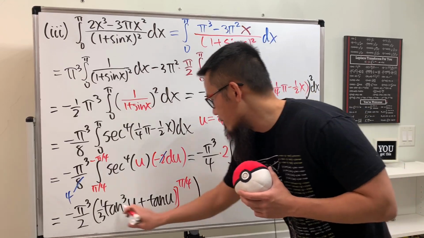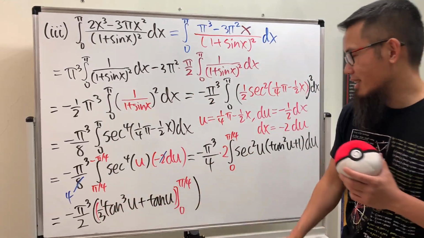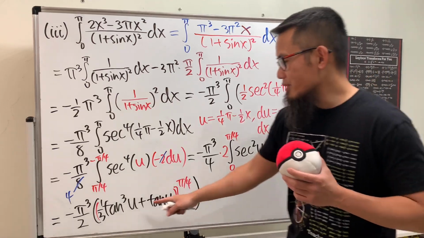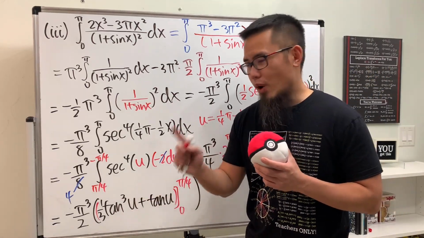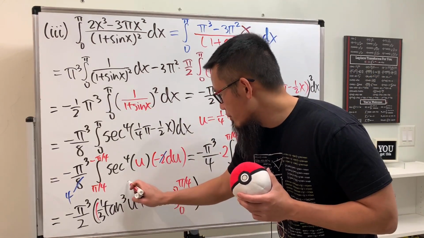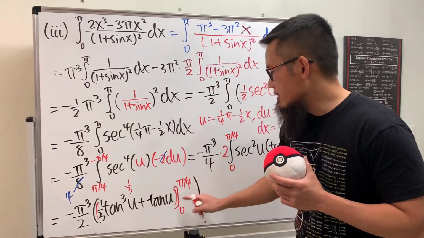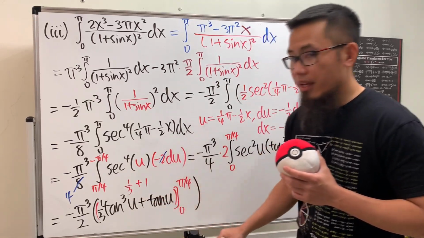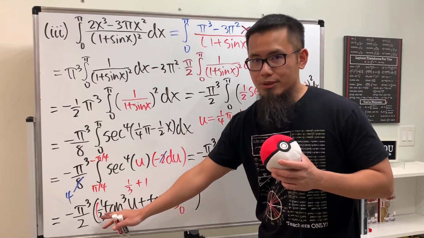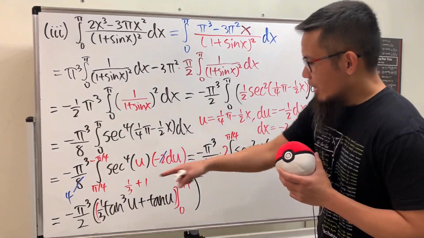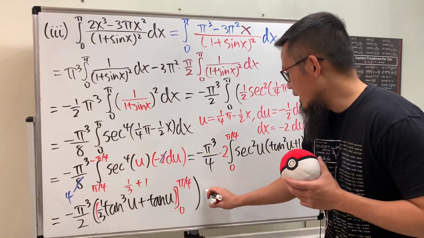Alright, and then, whew, almost done. Put the pi over 4. Well, the good thing is that tangent of pi over 4 is 1. So the first number is going to be 1 over 3, and the second number is going to be 1. And when we put in 0, well, just 0, so very nice. Okay, so what do we have?